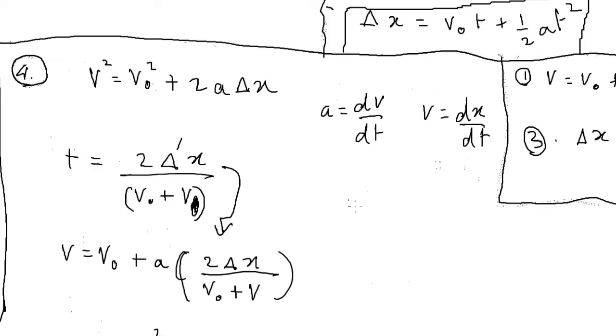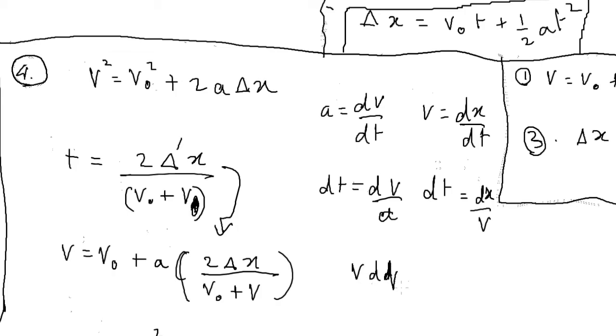So what we get is dt is equal to dv over a, and dt is also equal to dx over v. So equate them to each other and we get v dv. Let me write that neatly. v dv is equal to a dx.